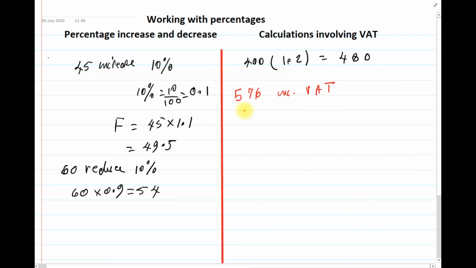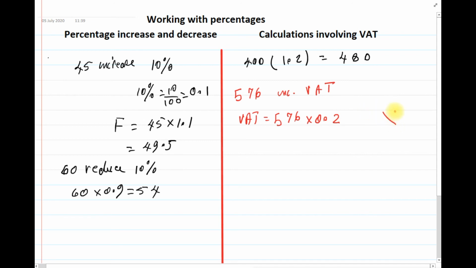Quite a lot of people would say that the VAT on this is 576 times 0.2, which is the 20%.